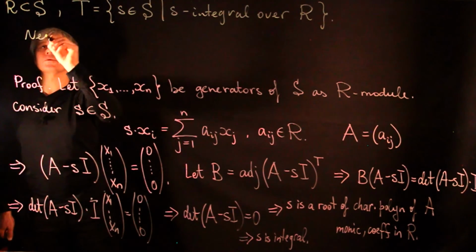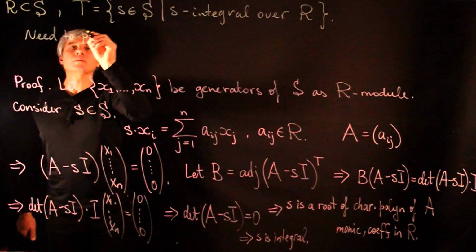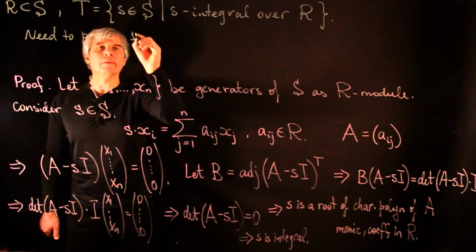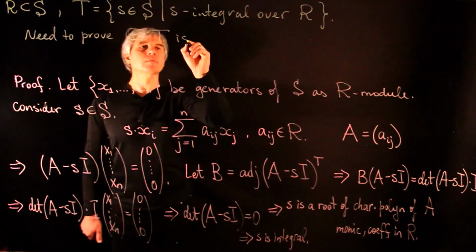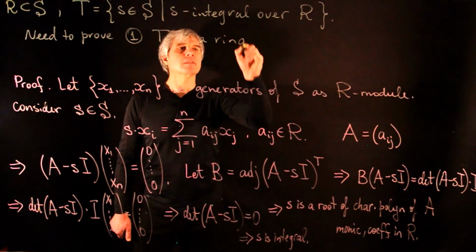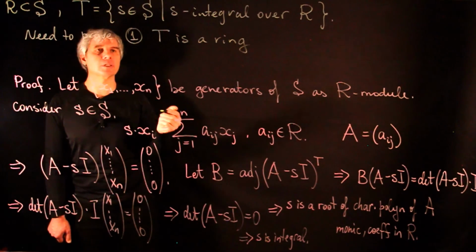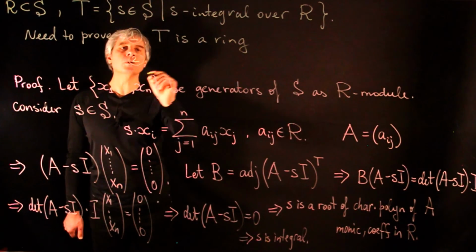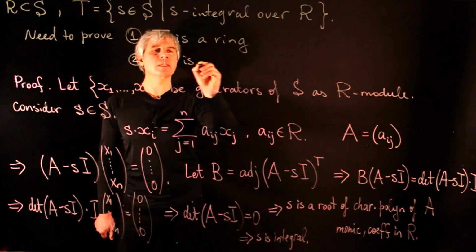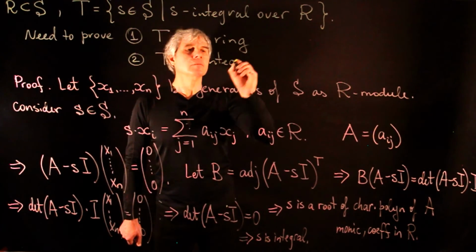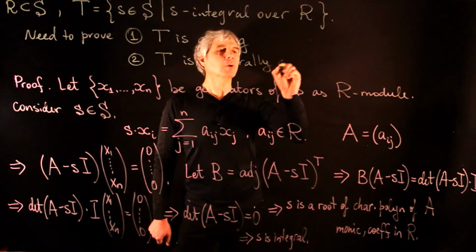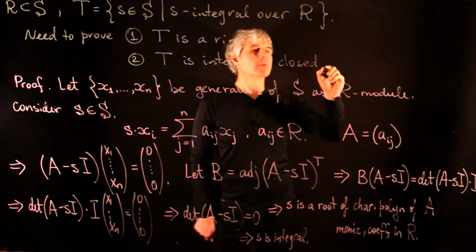So we need to prove one, that T is a ring, that is, it is closed under addition and multiplication, and two, that T is integrally closed in S.